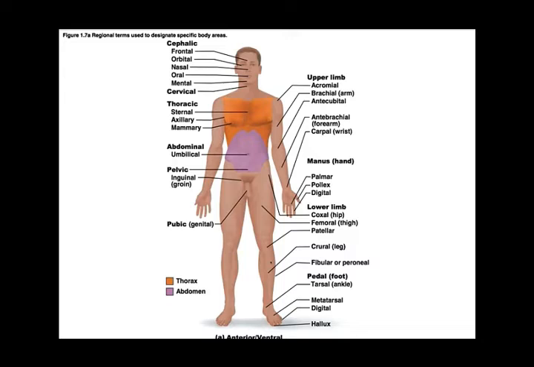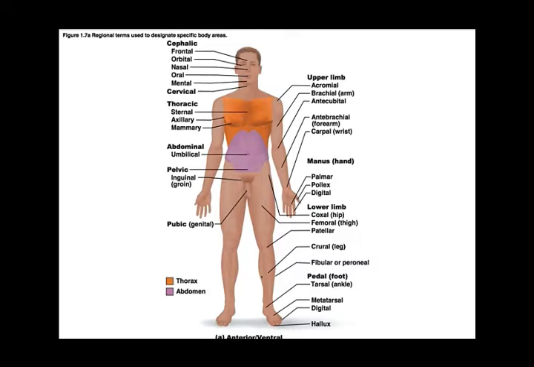Then going distal to the extremities, after the knee joint we have our lower leg part. It is called the crural or the leg, and it is further divided into the fibular or peroneal part.